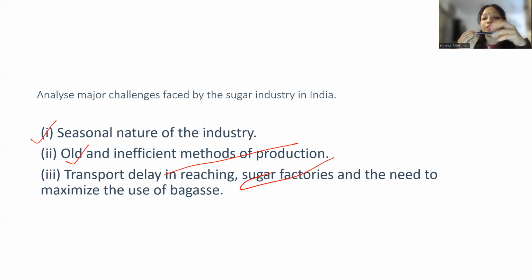When you open it, वो छिलते हैं, the main raw material is inside. If there is transport delay or the factory is far away from the agriculture field, the sucrose content will start reducing, which will affect the production of sugar. So transport delay usually happens.